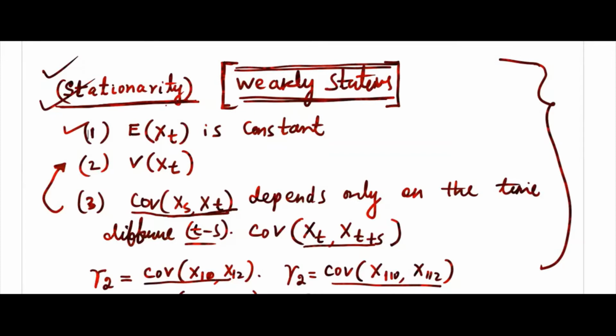So we will not worry about stationarity in the strict sense. It has a definition: the statistical properties of X1, X2, whatever you find, after some time they should remain the same. Okay, that is there, but we have one example. Through the example we will see what the real difference between these two is. That I will not do in this class.